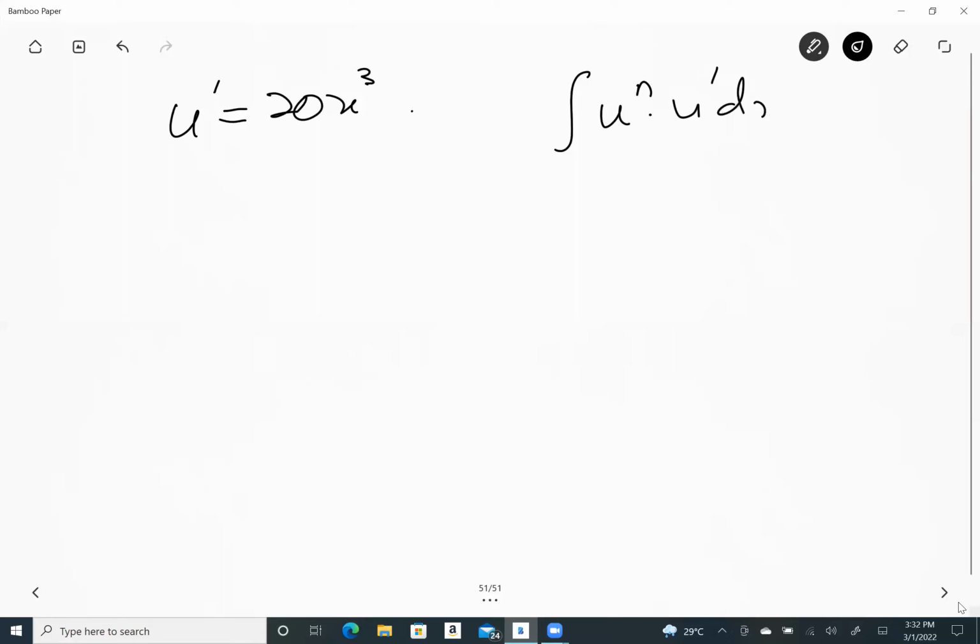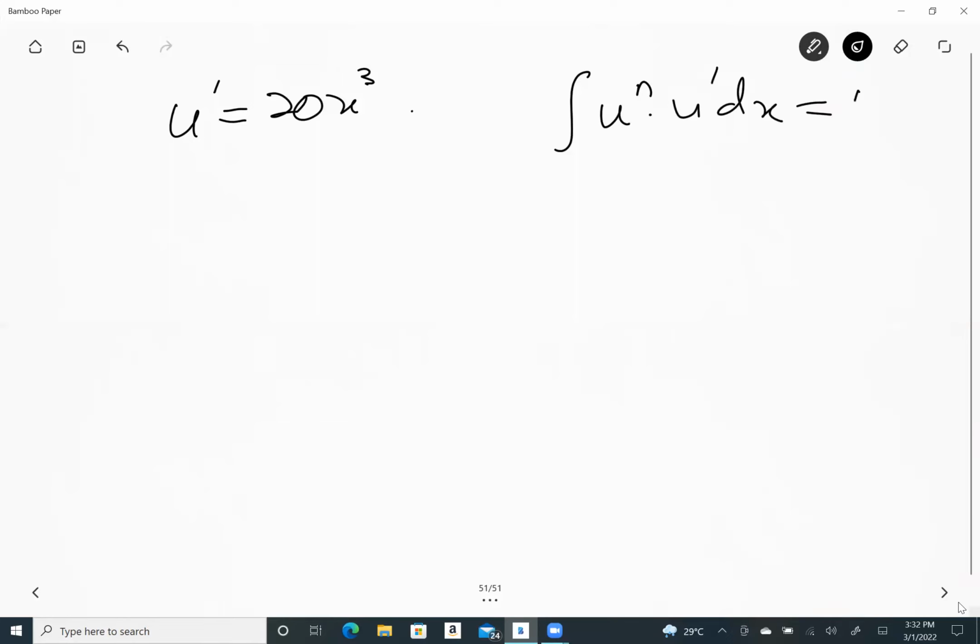If you look at example number 4, u is equal to 5x to the power of 4 plus 11. Now, what is u prime? U prime is 20x cubed. According to the power rule, in order for us to be able to do the integration, you must have u to the power of n, u prime dx.